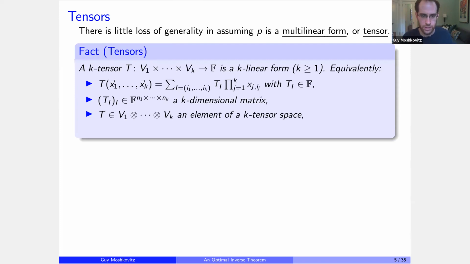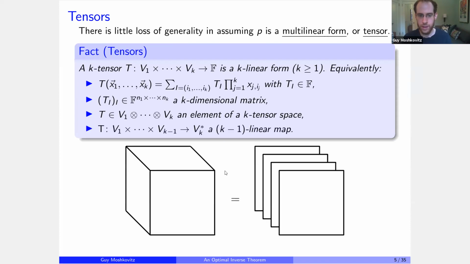Okay, so that's a multilinear or 3-linear polynomial. Alternatively, you can just take all the coefficients of these monomials and group them in a 3-dimensional matrix. That's another way to think of a tensor. Or more abstractly, you can think of it as an element of the tensor product of the 3 vector spaces.